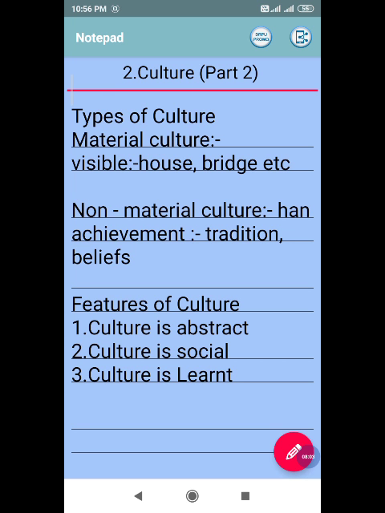Then students, fourth point, culture means coexistence. In this point we will study that culture gives every individual the opportunity to share his ideas with others. Thus, culture assures sharing opportunity. Students, if you have discovered something new, automatically you will share your opinion or your discoveries with other people. That's why culture means coexistence.